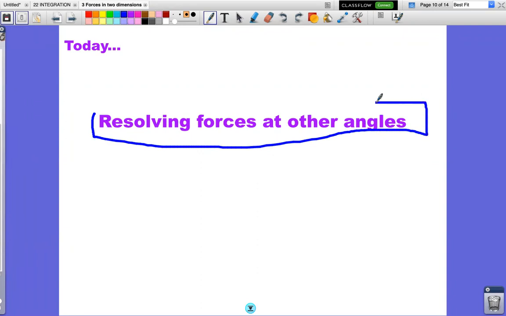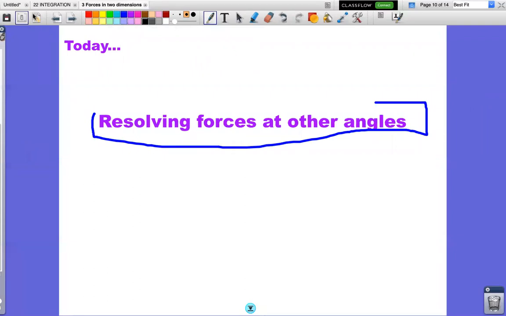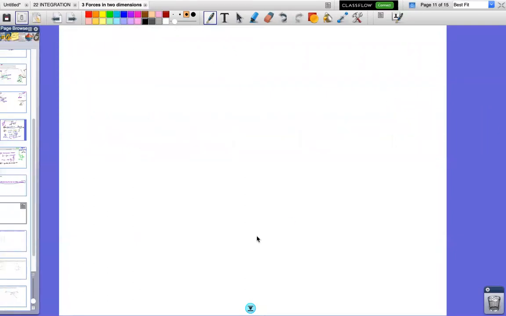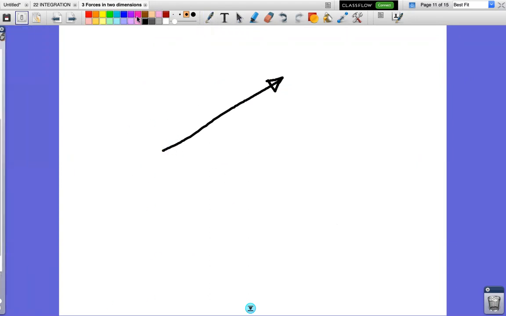You'll recall from yesterday's class, just a quick recall. We saw that if you have a force like so, we can resolve this force into vertical and horizontal components, right?